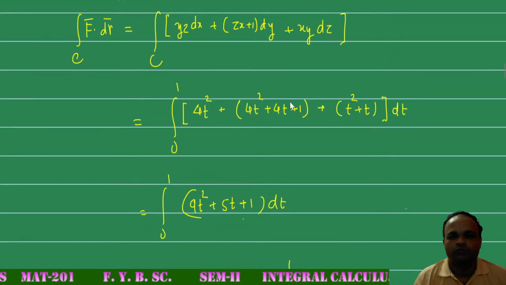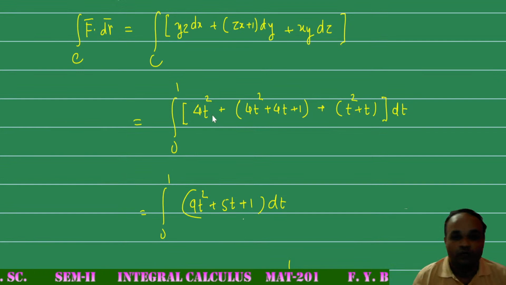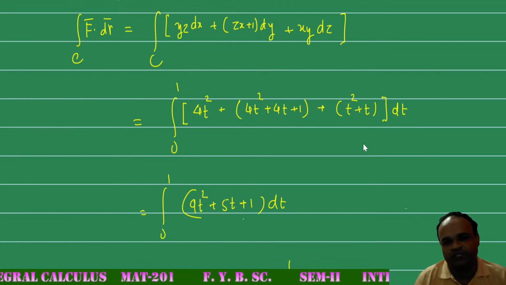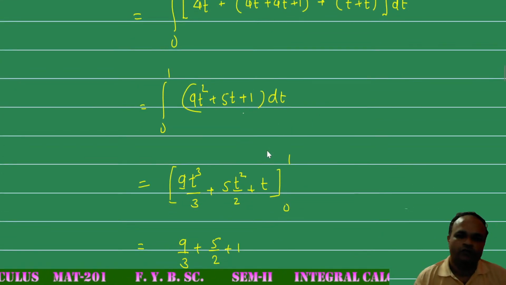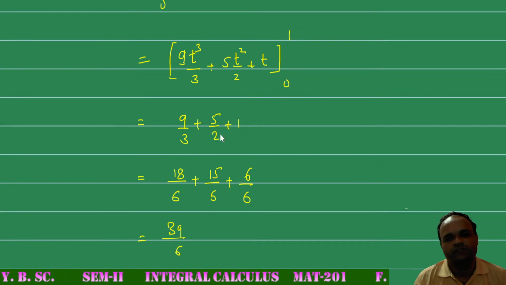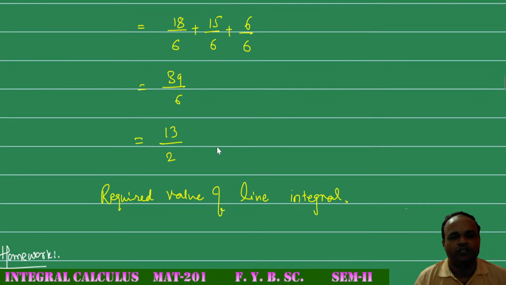Putting values of x, y, and z, you will get integration from 0 to 1 of 4t square plus 4t square plus 4t plus 1 plus t square plus t dt. Let us simplify this and put upper and lower limits. We'll find the value of this line integral as 13.2.